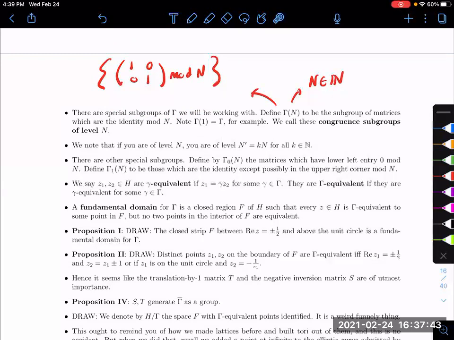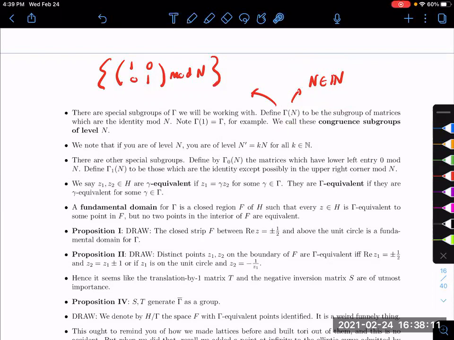And these guys have a name. You can make one of these for any N that you want, and they're called the congruence subgroups of level N. That's actually not fully the precise definition. A congruence subgroup just needs to be something that contains one of these, or is contained in one of these, but these are really the only ones that we're going to be caring about, except for a couple other special subgroups that I'm going to talk about right now.